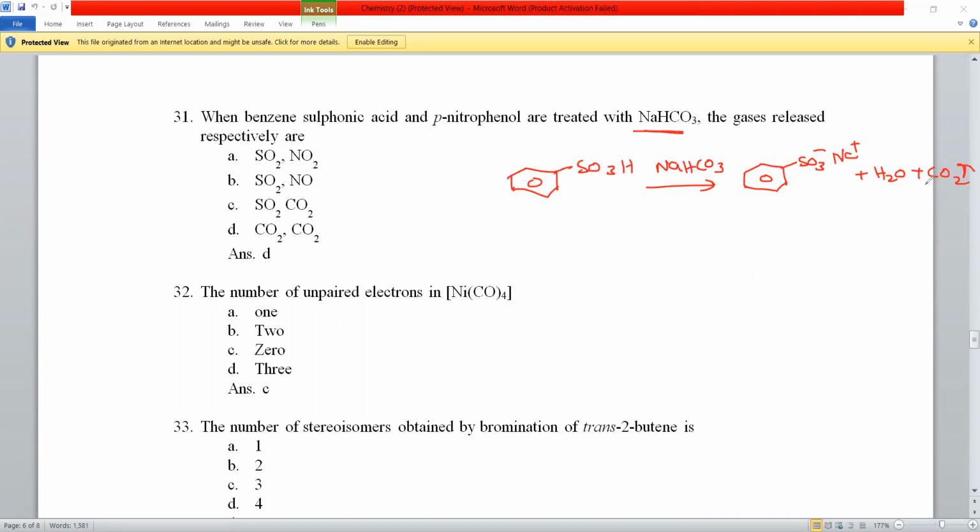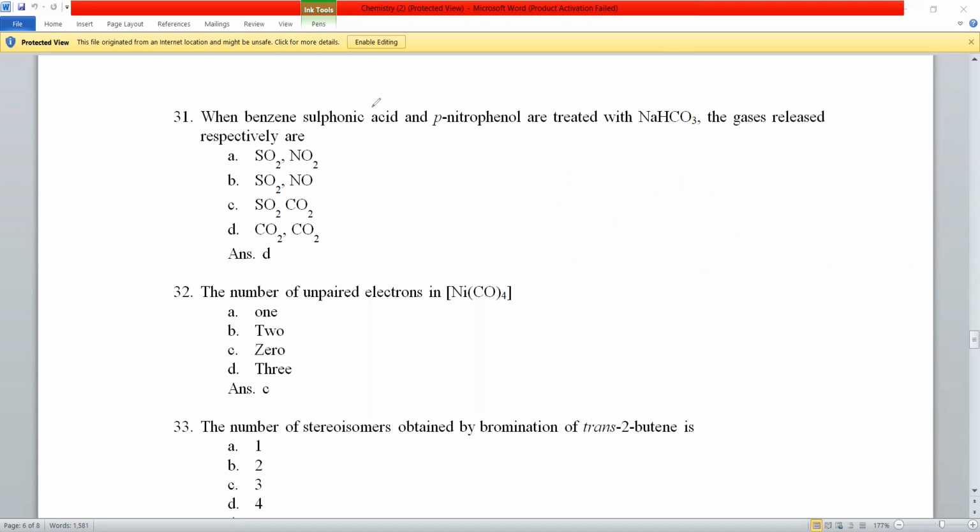The CO2 gas comes from the bicarbonate. In the same way, para-nitrophenol: if you treat it here, the same compound will give the salt with O minus Na plus and NO2, and it will release H2O plus CO2 gas. So in both cases, what gas is releasing? CO2 gas only. So option D is the correct one.